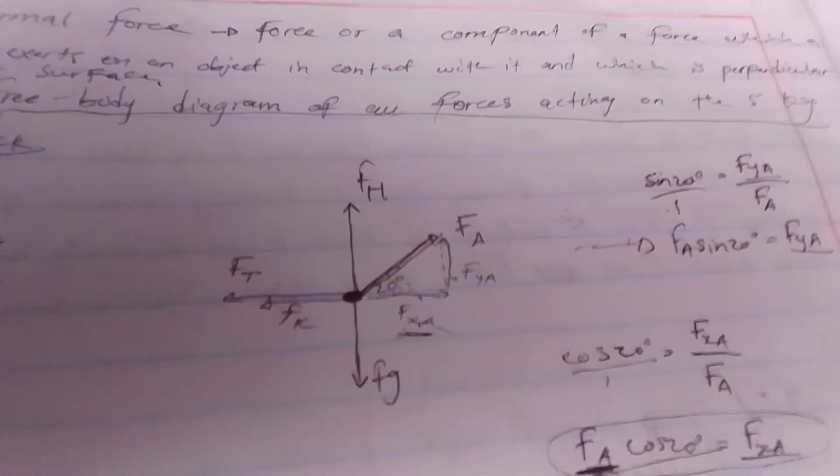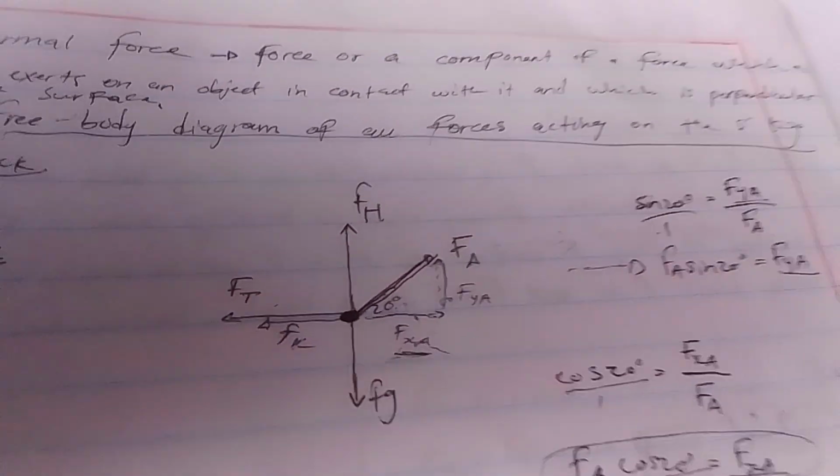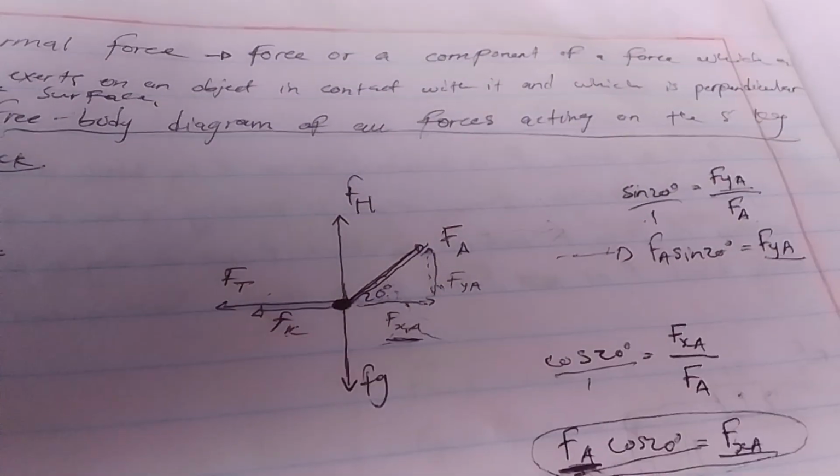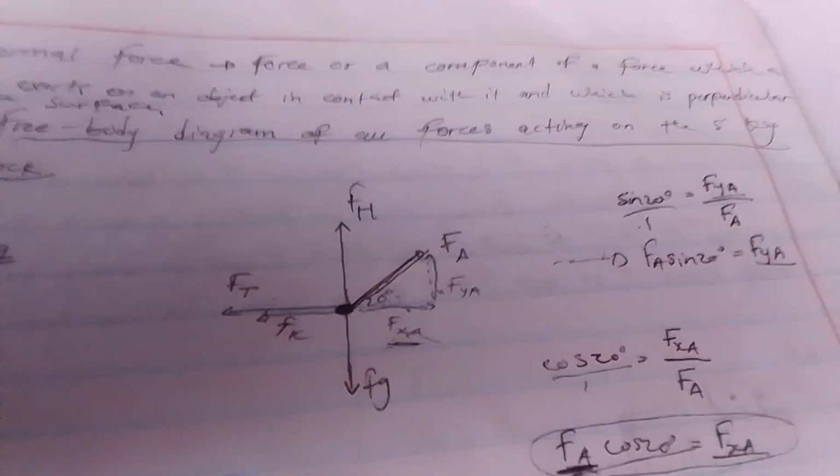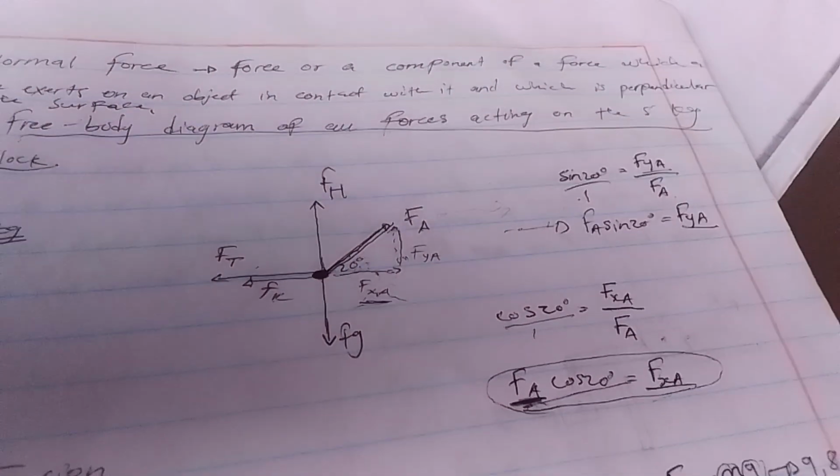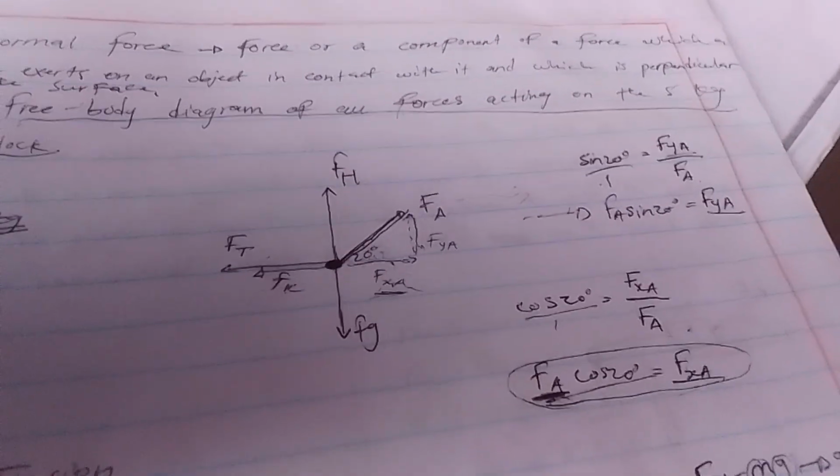So here it means, okay, on our horizontal direction, we're given an acceleration which was 2 meters per second squared. So then on our y direction, we don't have acceleration. The acceleration will always be zero.